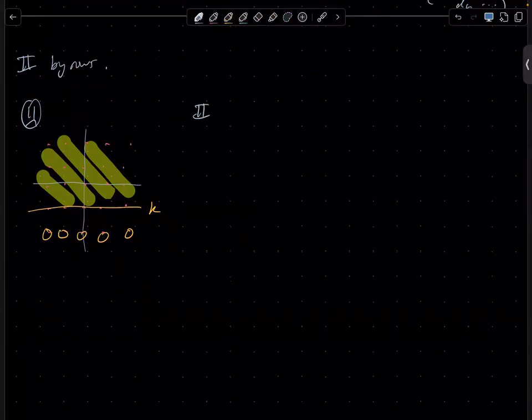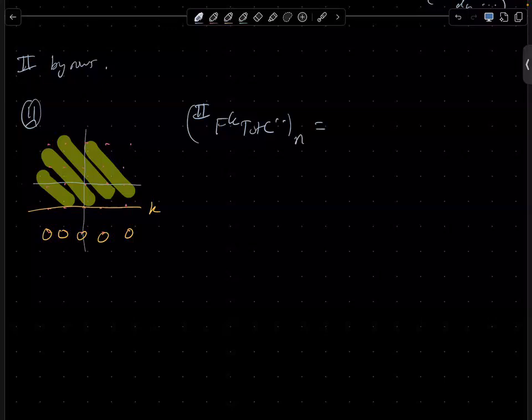So you get F^K tot C bullet, the Kth part of this filtration of tot, by the total complex of the sad face.